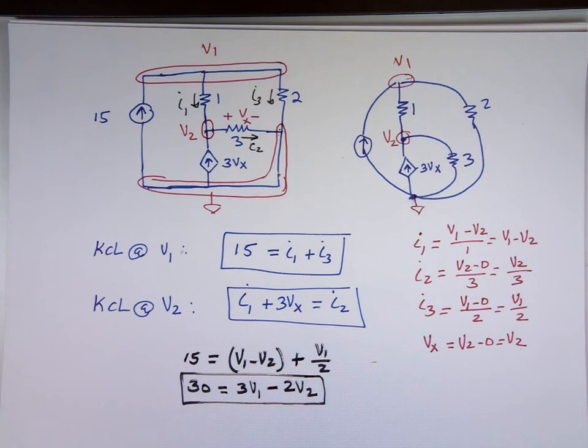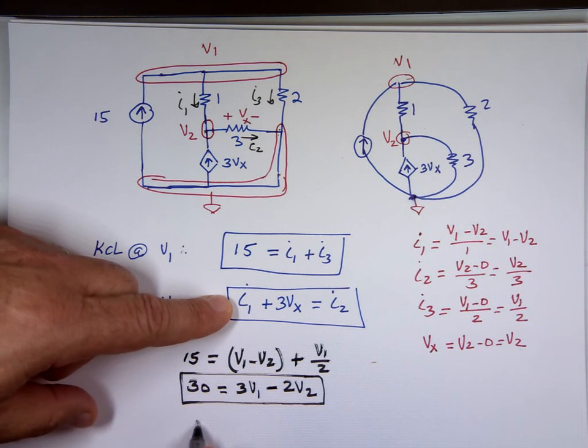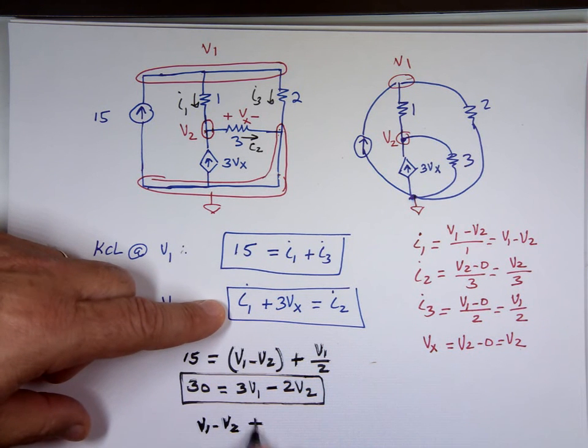The second equation, I sub 1, which is what? V1 minus V2 plus 3 times Vx. Vx is what? V2 equals I sub 2, which is V2 over 3.